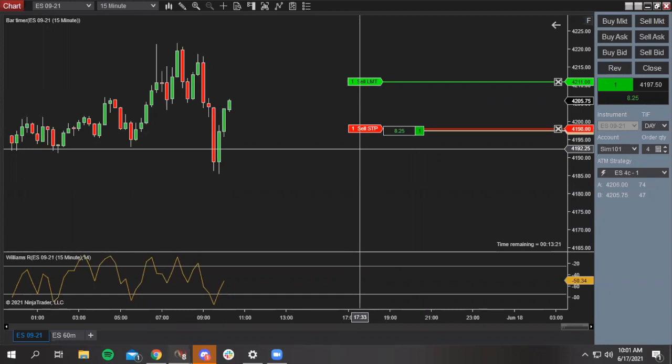So if you ever do that and you put it even and it stops you out and you're like, why did I just lose money? So now you lost a tick, depending on times the contracts that you're trading, plus the commissions. So those are always kind of the sucky parts.